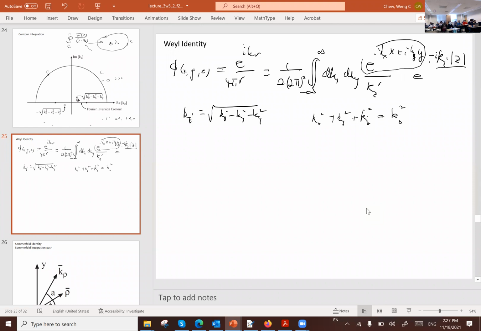And what else is very important is the fact that, because of this fact, you can define a circle in the kx and ky plane.